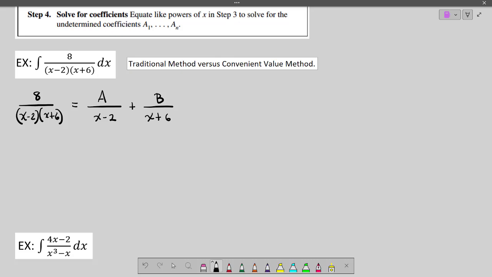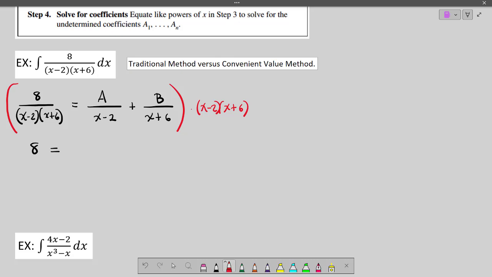We need to solve this system for A and B. And our technique is to multiply both sides by the denominator on the left. If we multiply both sides by the left denominator, we're going to clear out all the fractions. So we're going to take this whole equation and multiply by that.